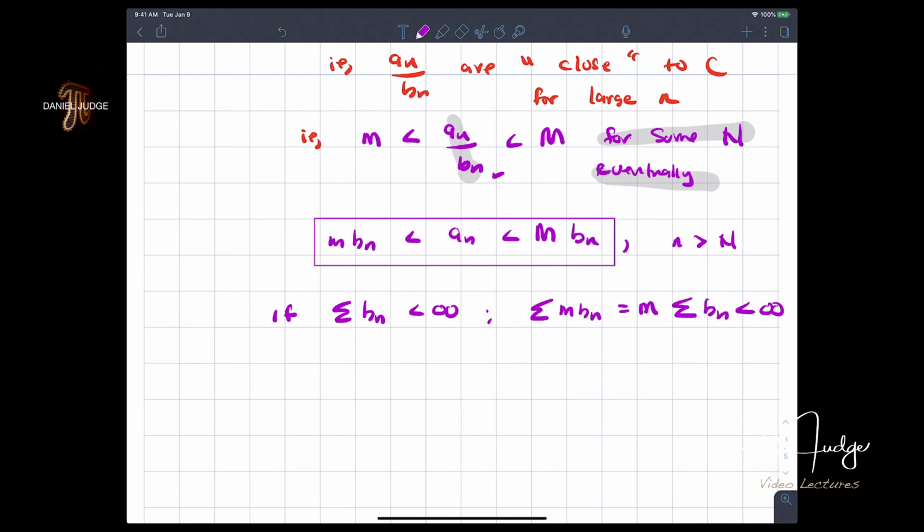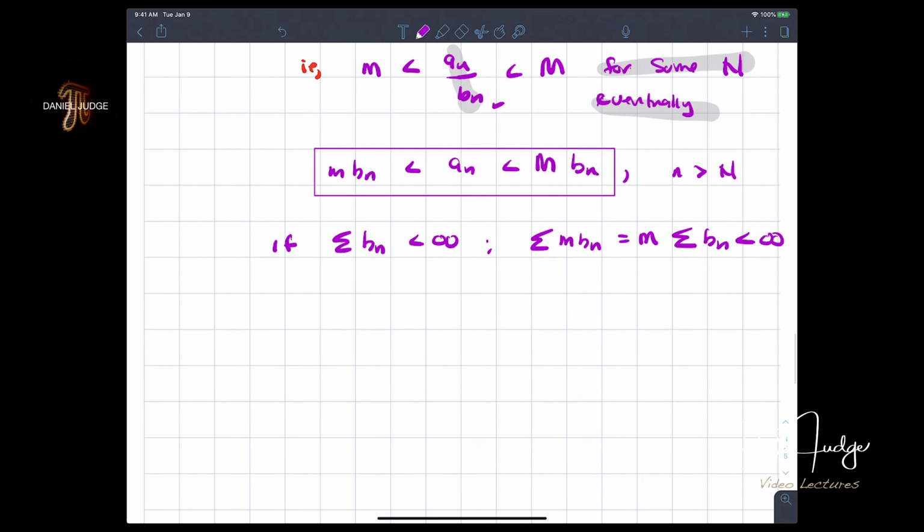So notice the genius of this. I'm going to look at the sum here of that relationship and do a little bit of algebra. Bring out that little m, sum b_n, sum a_n, and then bring out this constant M here. Give you every detail.